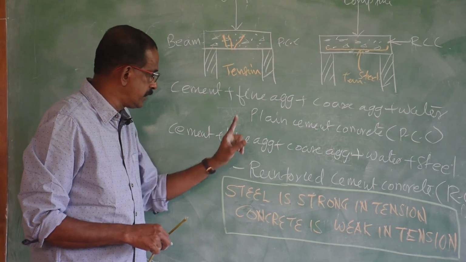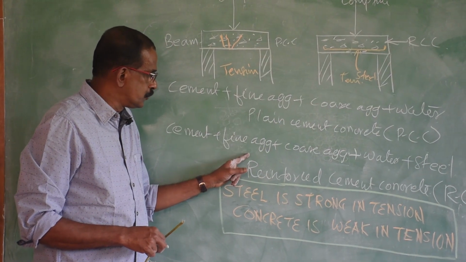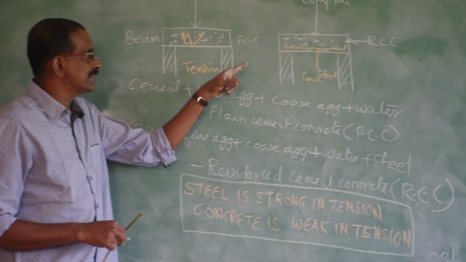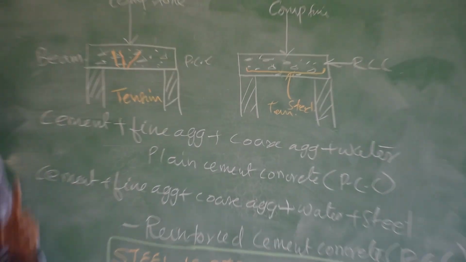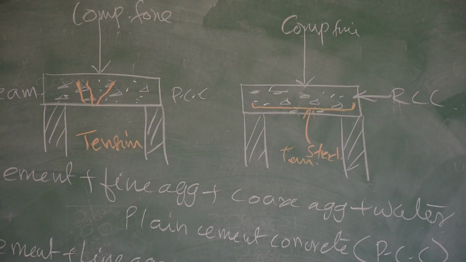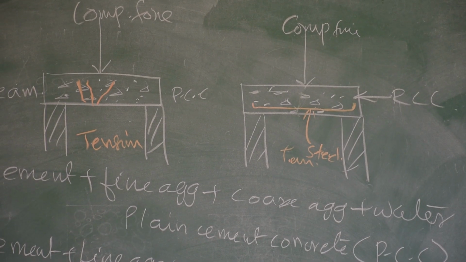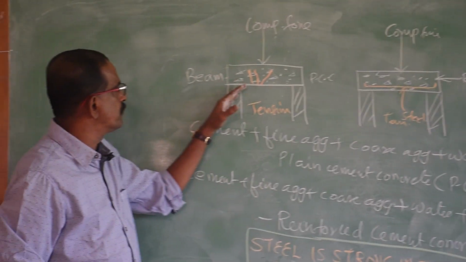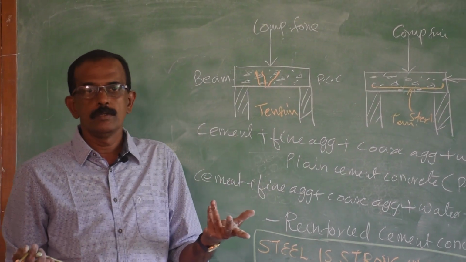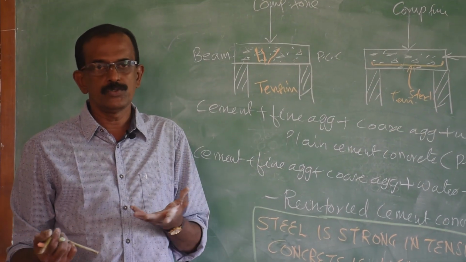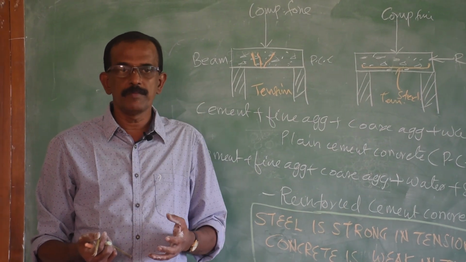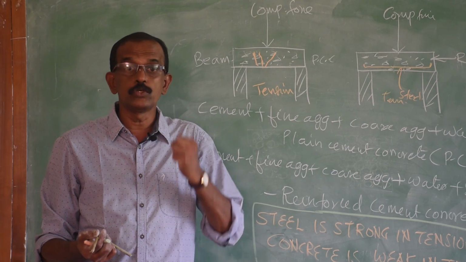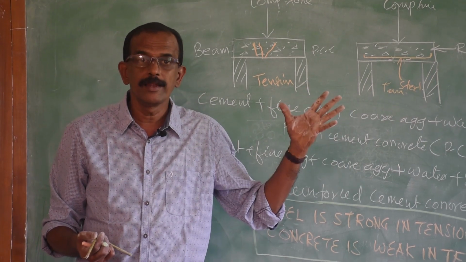Steel is provided in concrete to arrest the tensile failure or to take care of the tensile force, because steel is strong in tension, concrete is weak in tension, which means if there is only compressive force, we can very well use P.C.C. Can you say in a building where only compressive force is coming, where concrete is used without steel reinforcement?